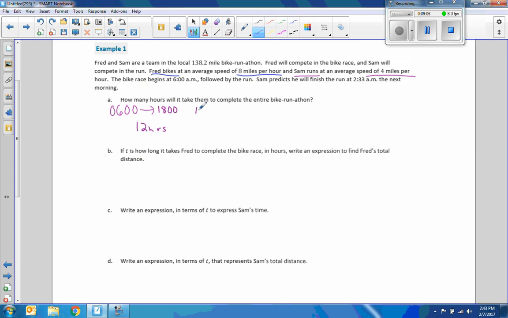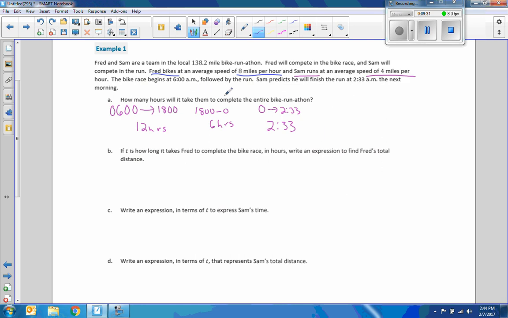If I go from 1800 to 2400, or 0 hour, okay, 18 to 24 is 6 hours. And then from the 0 hour to the 2:33 a.m. approximation is 2 hours and 33 minutes.